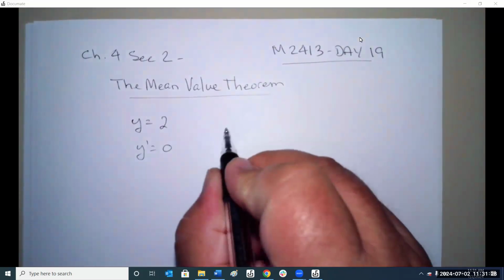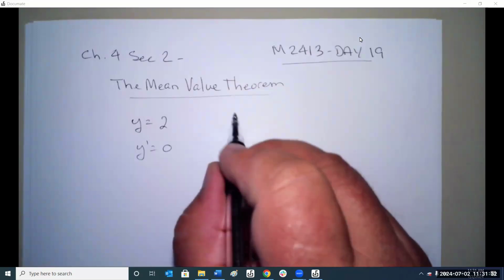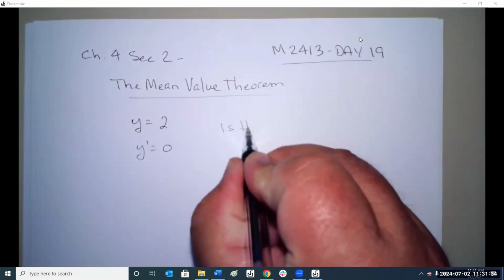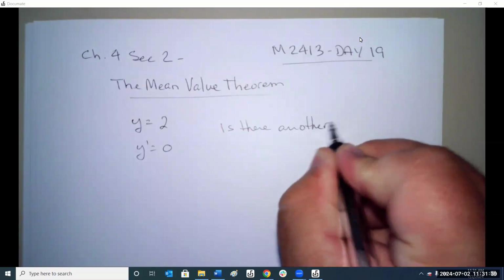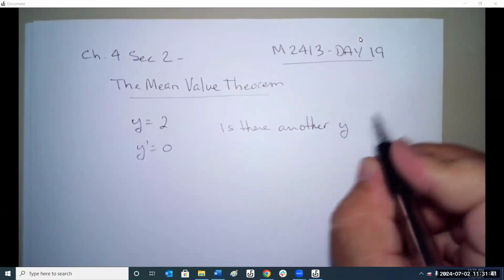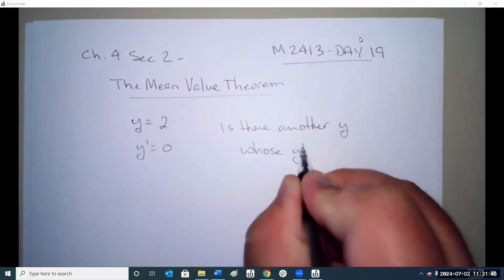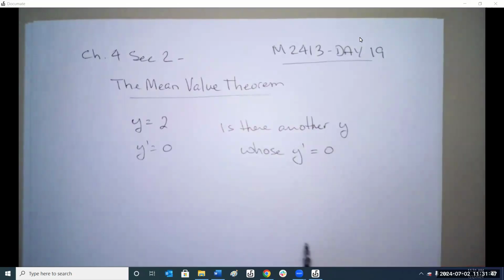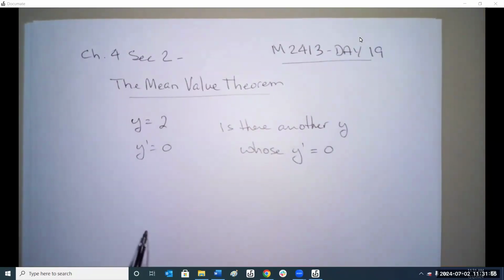The question is, is there another function, is there another y, whose derivative is equal to 0? So if two functions have the same derivative, how are they related?